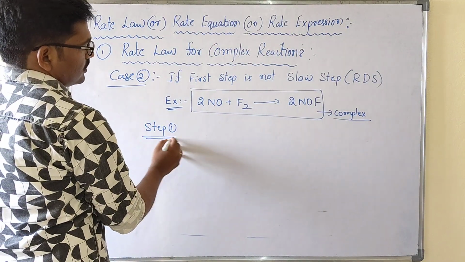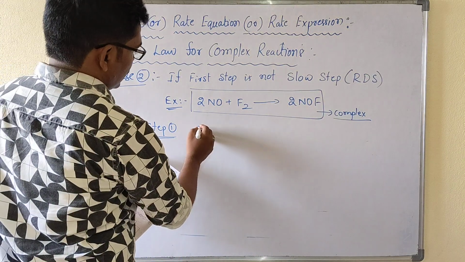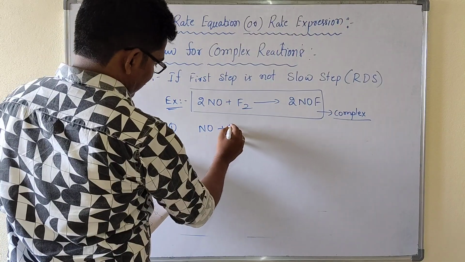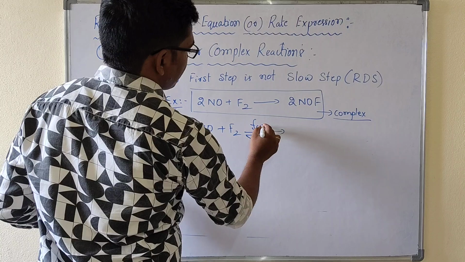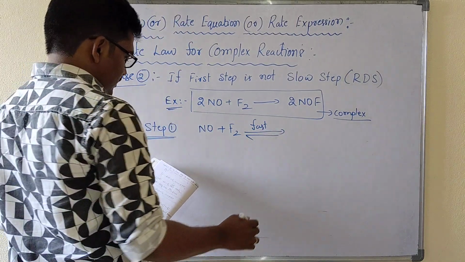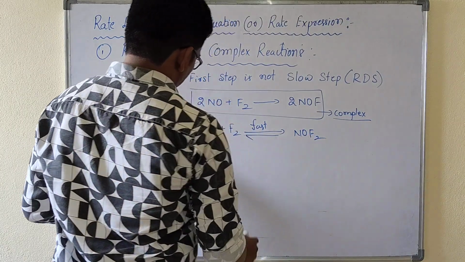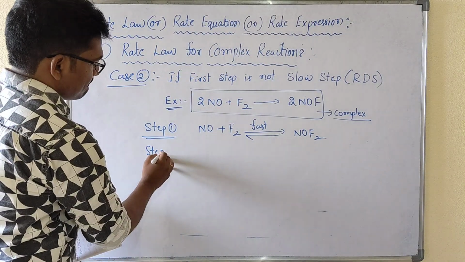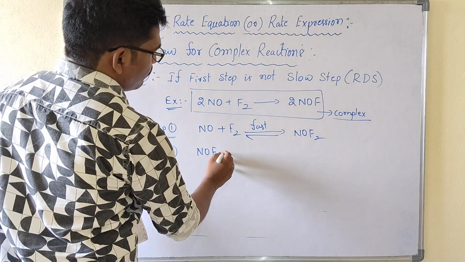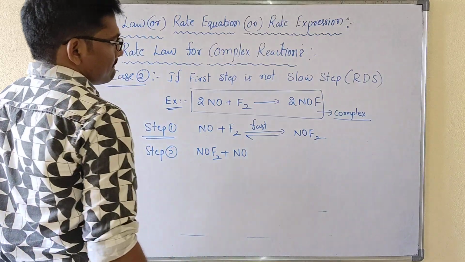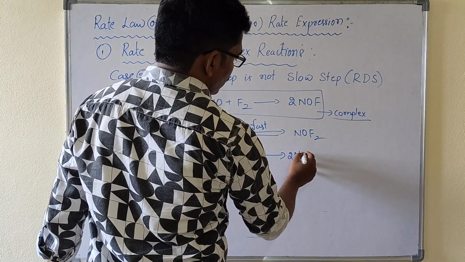Step 1: NO plus F2 gives rise to NOF2. Then step 2: NOF2 plus NO gives rise to 2NOF.